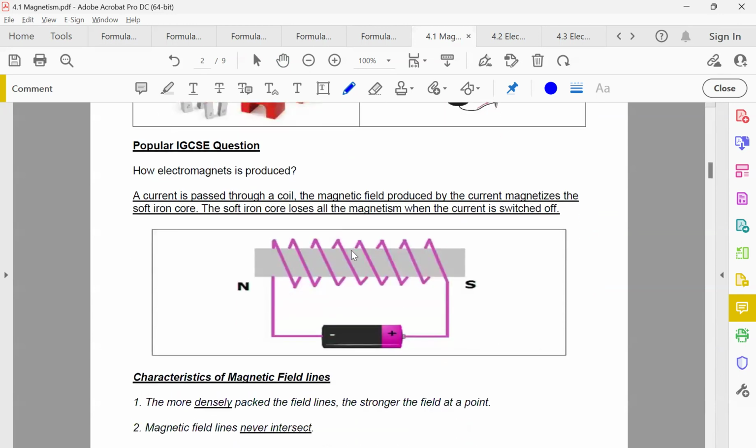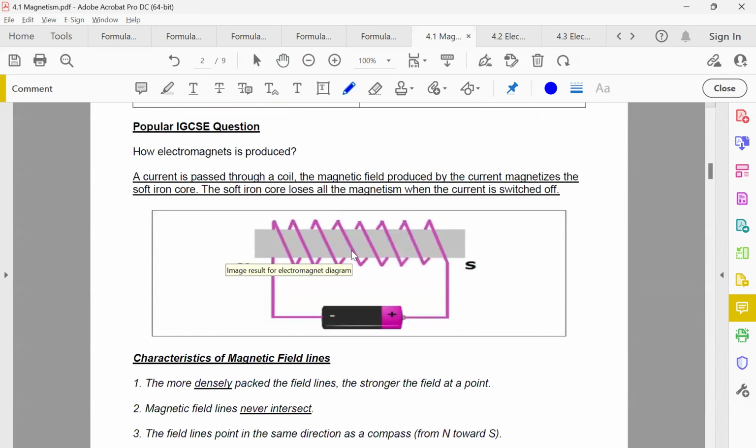Okay, then this is extremely important, guys. This part basically says that whenever there is a current flowing through a conductor, it will induce a magnetic field. Imagine this magnetic field is flowing through here, and then finally back here, right?